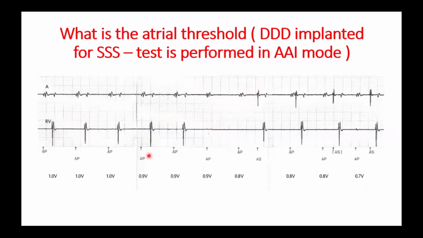So actually the threshold is 1 volt. The morphology of the EGM didn't help us a lot in the evaluation, but the conduction and evaluation of the RV channel helped us more. So it's important to examine both channels, and this helps us in evaluating the threshold as long as there is normal conduction.